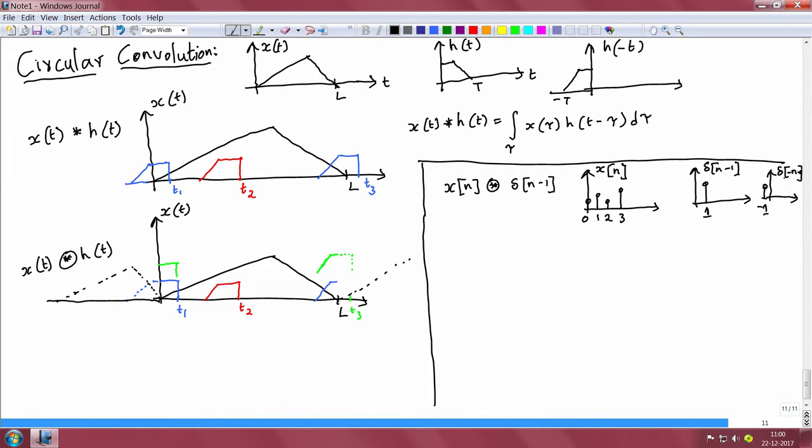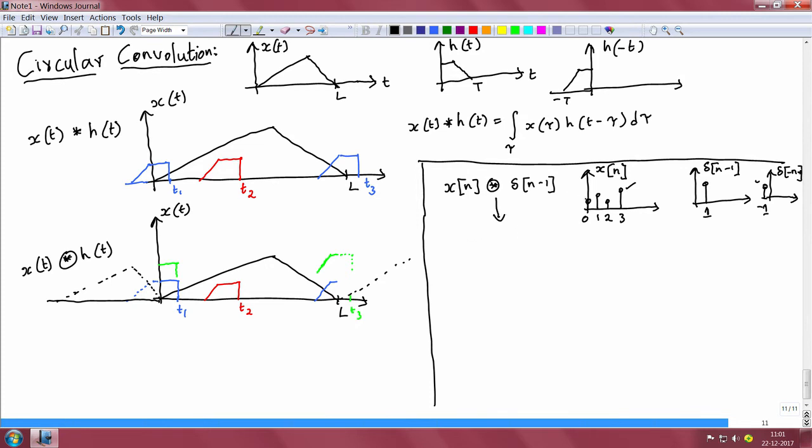Now what we are going to do is perform this circular convolution operation. We take this particular reflected signal delta of minus n minus 1 and multiply with x of n. Here with time shift 0 it is not overlapping with x of n. Hence we wrap it back, so this pulse will be wrapped back to this particular instant t equal to 3. So, this is what we get.